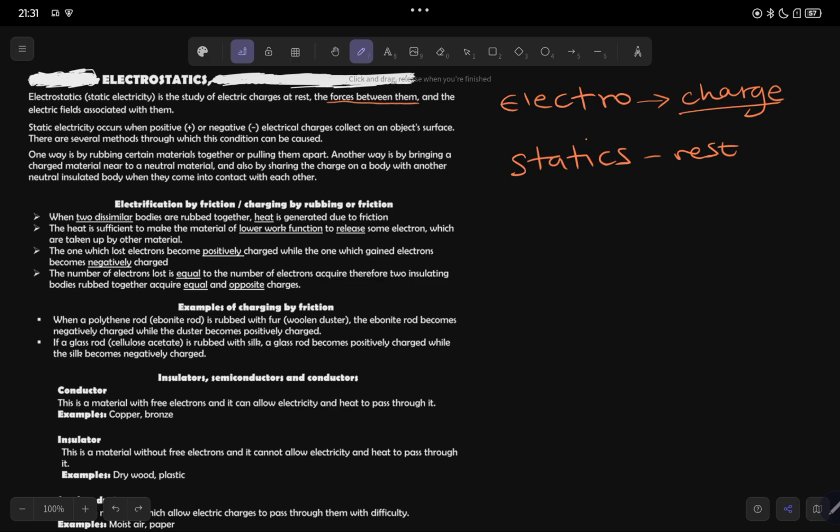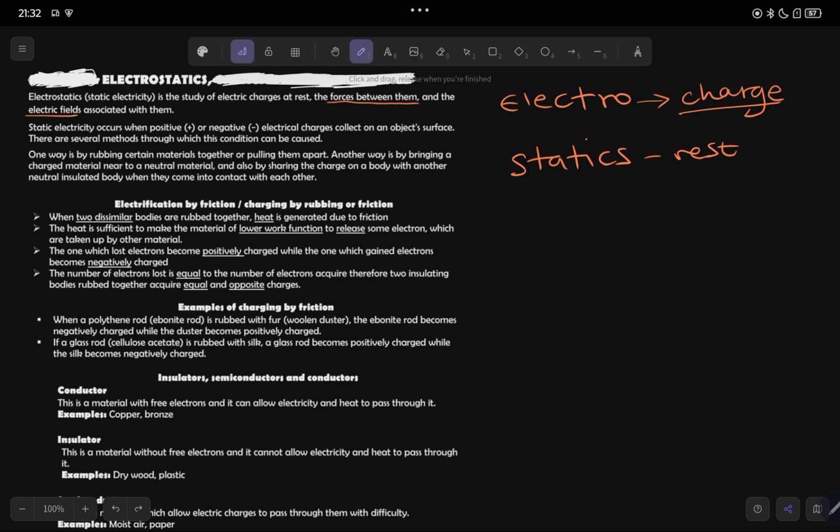And there is an area around this charge where that force is experienced, which we call the electric field. So we'll be looking at these electric charges at rest. We study about the forces between them, and we study how these forces affect the area or the regions around them. Those are electric fields.